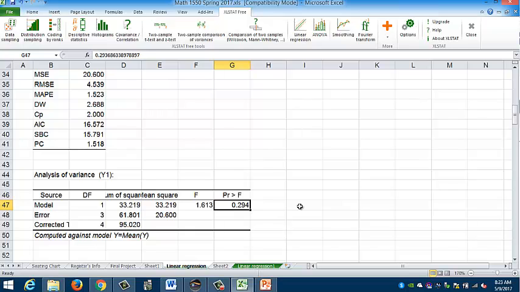Is that low or high for a p-value? That's pretty high, right? For it to be low and reject the null hypothesis, that would have to be smaller than what? Yeah, whatever the significance level is, 0.05, or sometimes we've used 0.01. That's high. So yeah, we fail to reject.